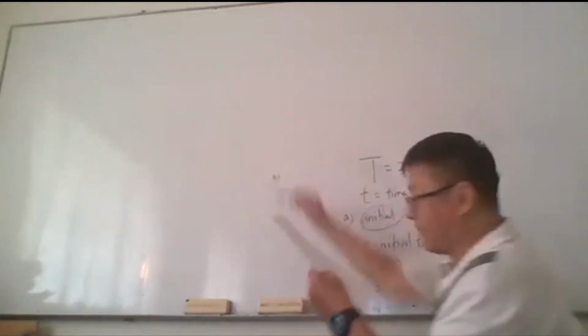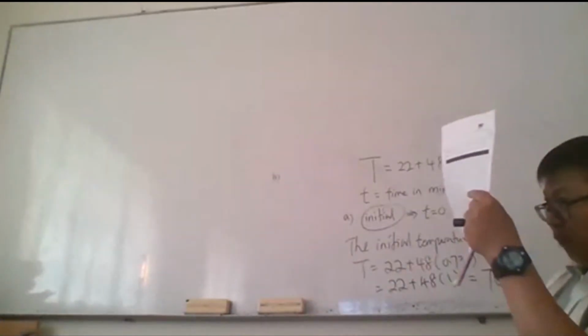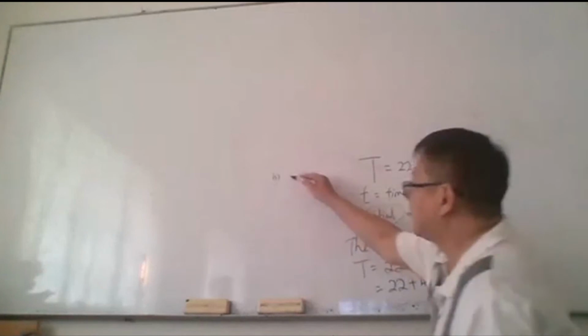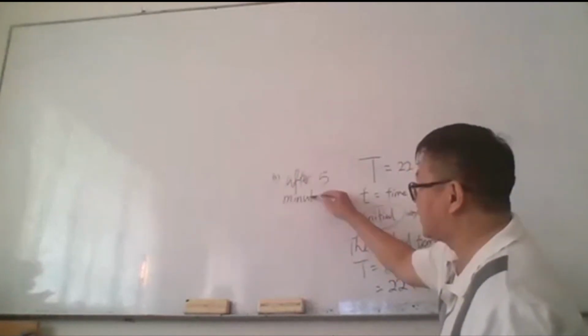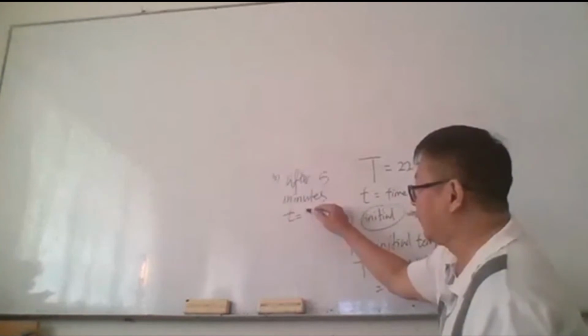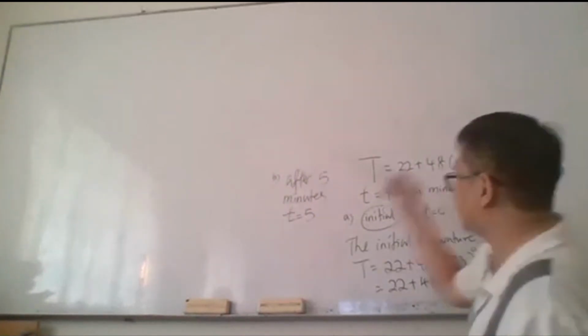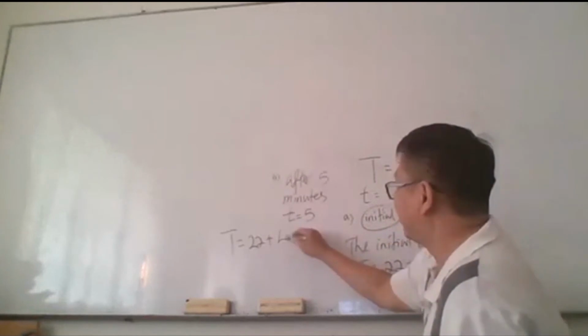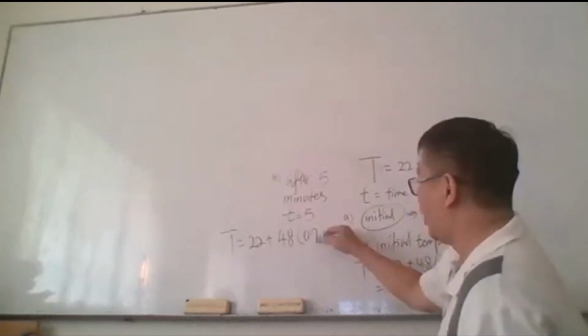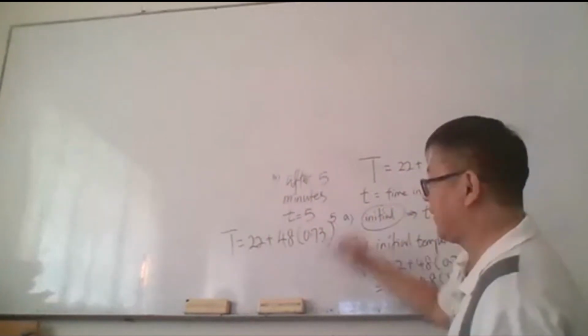And the second one, B. Find the temperature of the water after 5 minutes. After 5 minutes means t equals 5. We just chuck in the figures: 22 plus 48 times 0.73 to the power of 5.